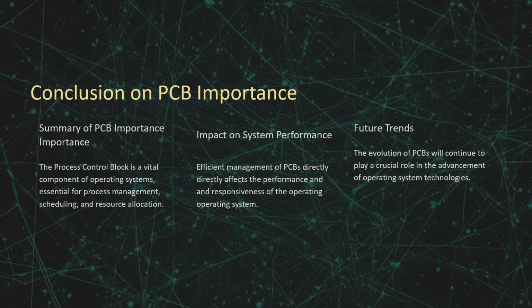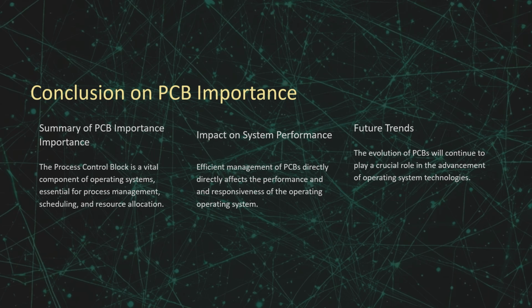The data structure that holds all the process information is called the process control block. Where is it used? It is used in context switching, scheduling, and resource tracking. Quick question. Which part of the PCB holds the last executed instruction? The answer is the program counter.